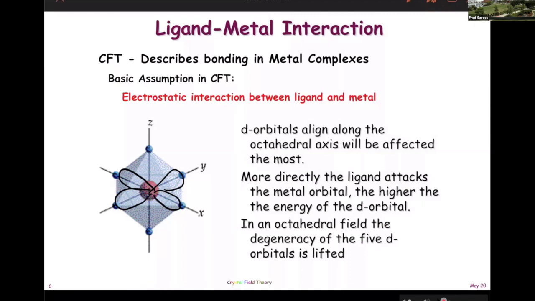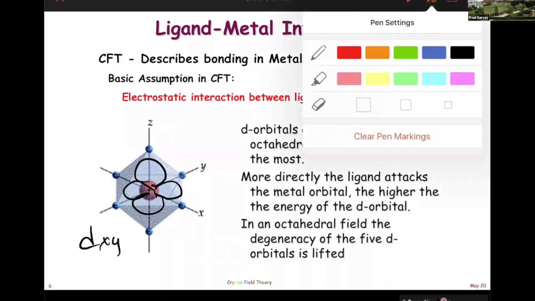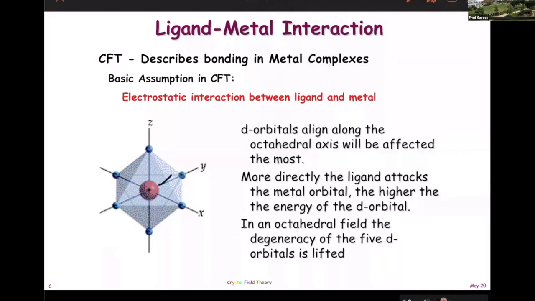Which orbitals are not going to be affected? The orbitals that are not going to be affected as much are these orbitals right here. You see how those orbitals are pointing right between the axes? That one would be dxy. This one would be dyz. So those orbitals are not going to be affected as much.